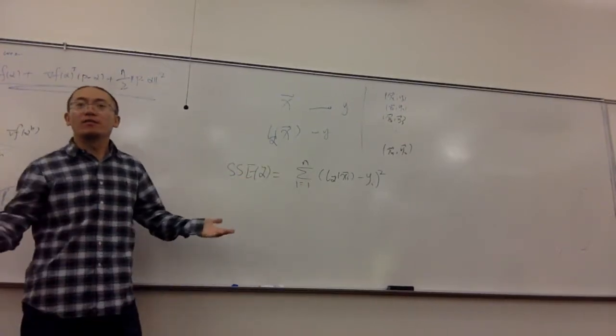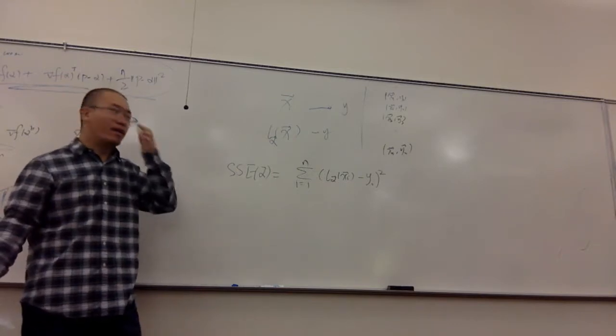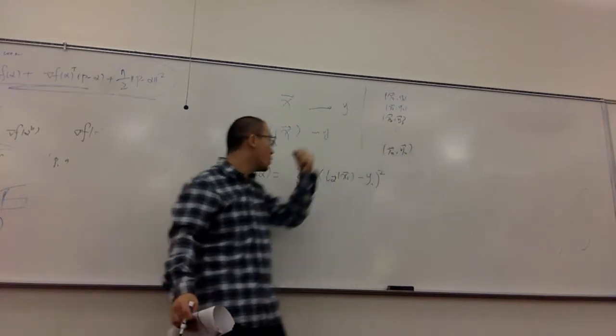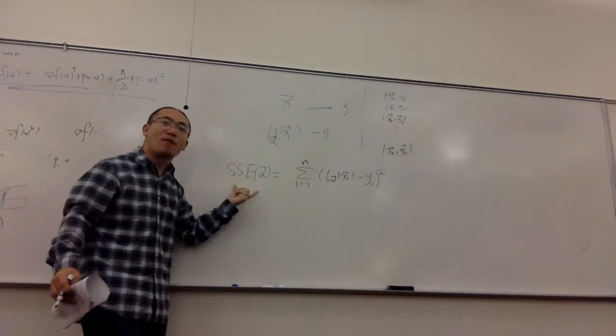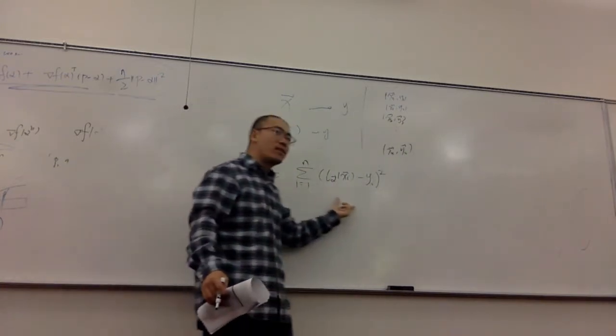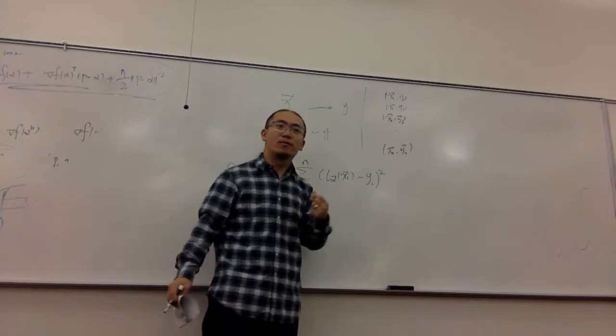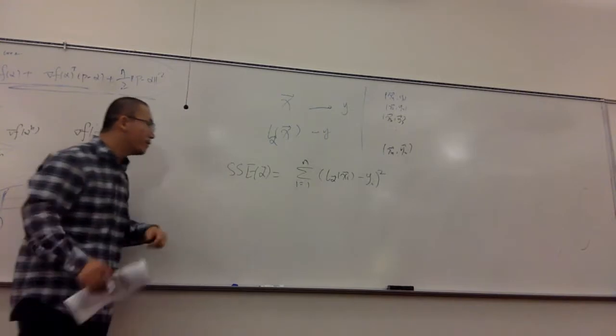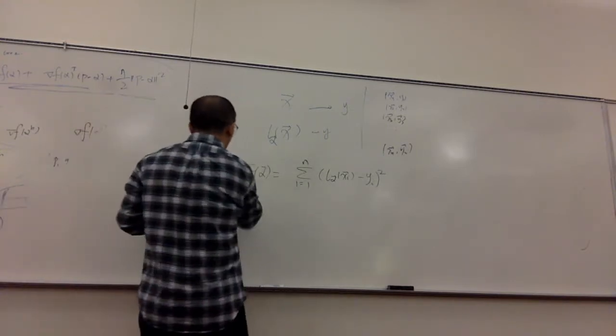This is called fitting. That is, we choose the best model parameters alpha to make SSE the smallest. So this is the general procedure.